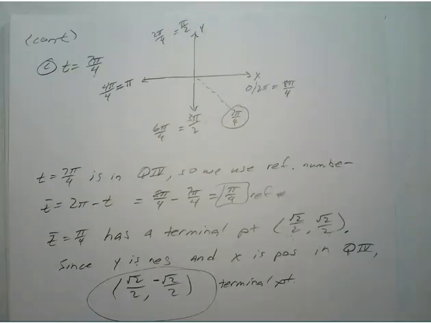All right. So if you are still writing, feel free to press pause, but we're going to go ahead and move on because we're kind of running out of room. So we're going to continue this on the next page.